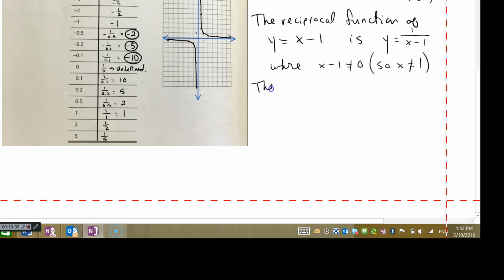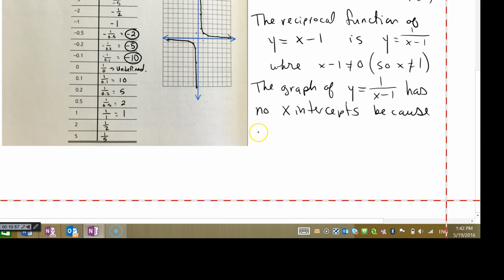the graph of y equals 1 over x minus 1 has no x-intercepts because 1 over x minus 1 can never be 0.